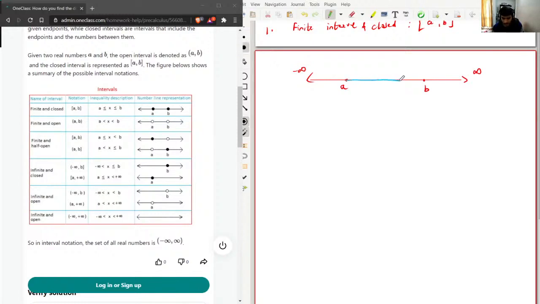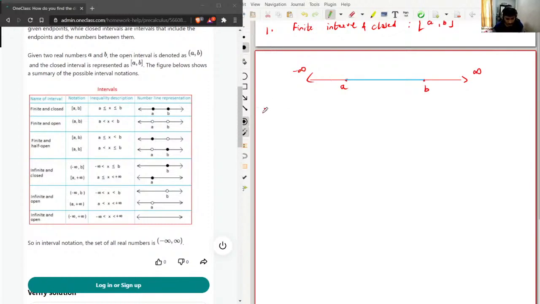So my values of the function are defined in the blue region, and a and b also satisfy the function, the function is also defined at the values of a and b. Therefore, this is the first case where we have a finite and closed interval.